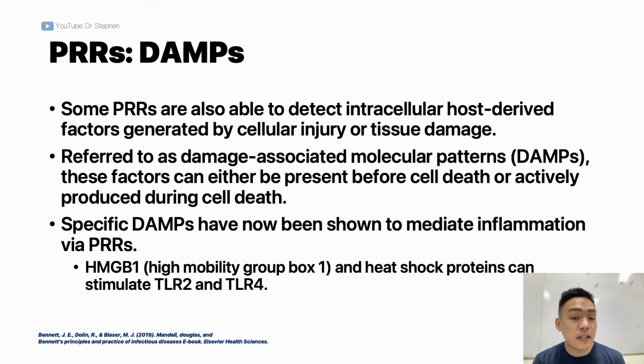Some PRRs are able to detect host-derived factors released by cell injury or tissue damage, and we call them DAMPs. Specific DAMPs have been shown to mediate inflammation via the PRRs. An example is high mobility group box 1 and heat shock proteins, which can stimulate toll-like receptors 2 and 4.